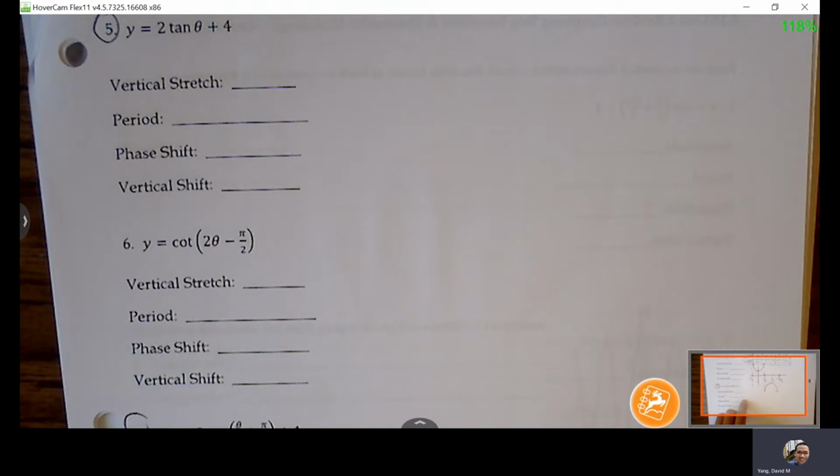If we start at 0, your tangent graph is going to look like this. It's going to have an asymptote that interrupts your graph, and this is not wrong. You can do it this way, it just looks strange. So we like to shift it over so that we get something we recognize.